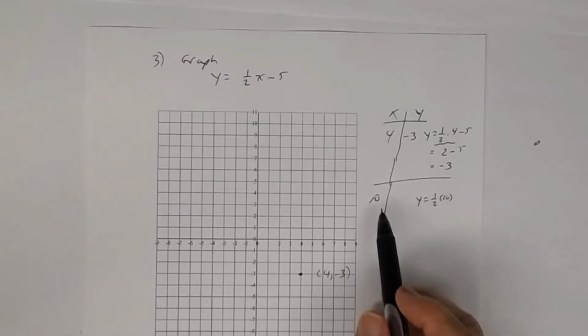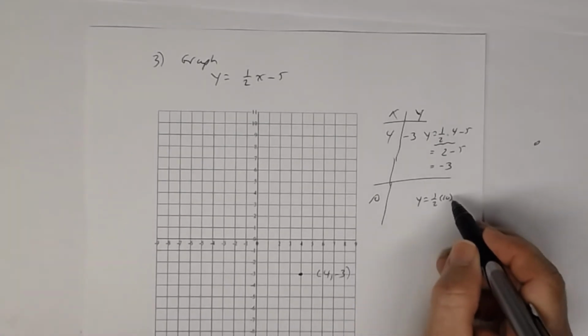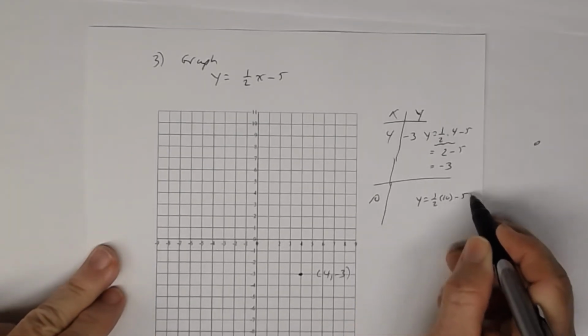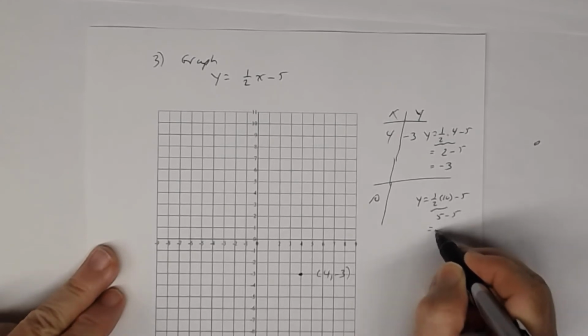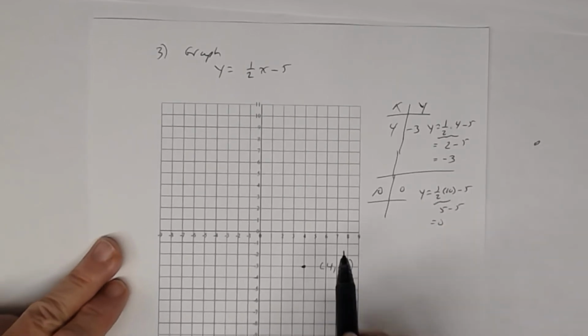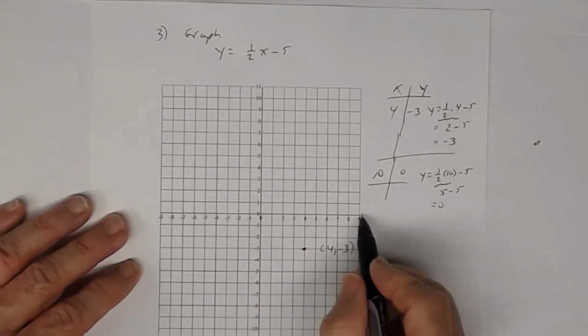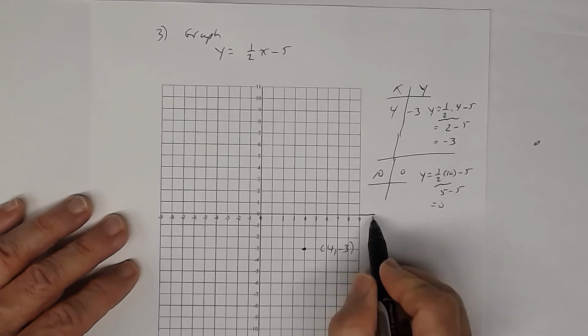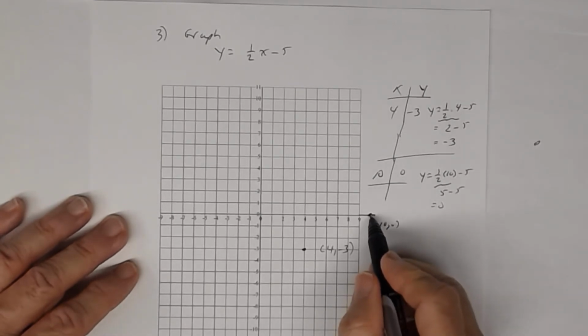Ooh, let's not use 10 because the grid only goes up to 9. But let's just finish it off though. 1/2 of 10 minus 5. Half of 10 is 5, and 5 minus 5 is 0. So if this grid was large enough, you could plot the point 10, 0. So 10, 0 would be about here, right? So that would be 10, 0 right here.